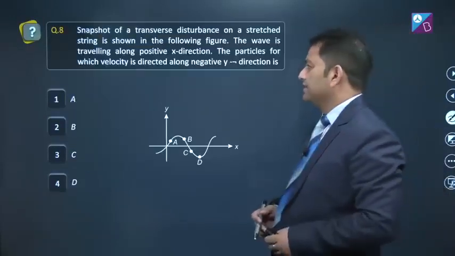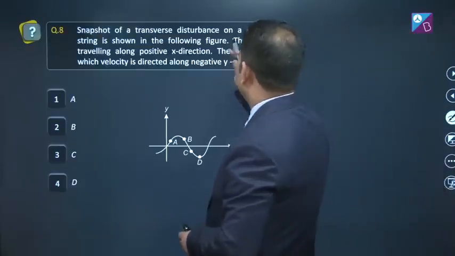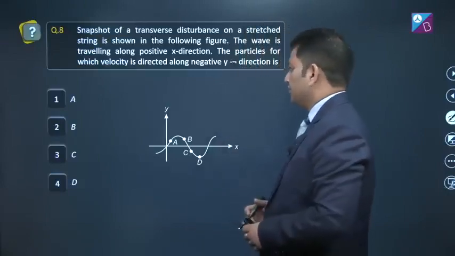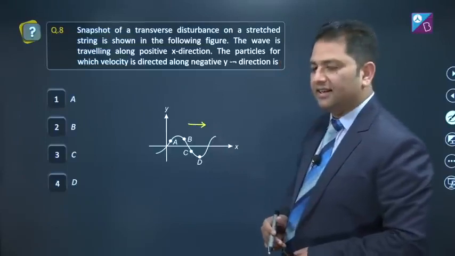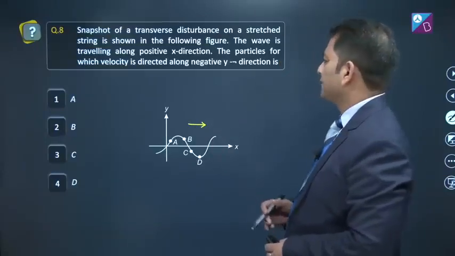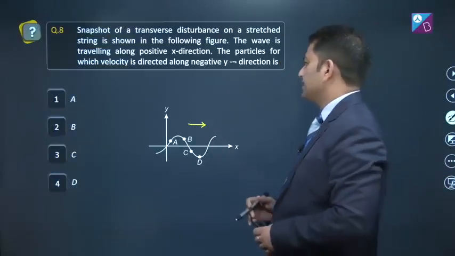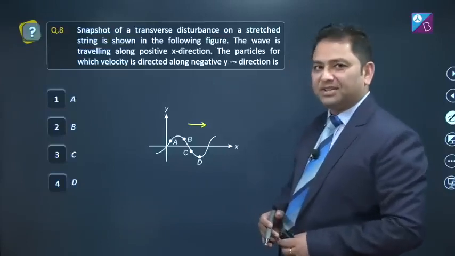Question number 8. Snapshot of a transverse disturbance on a string is shown. And this wave is traveling in the positive x direction. We have to find which of the particles has velocity along the negative y direction.